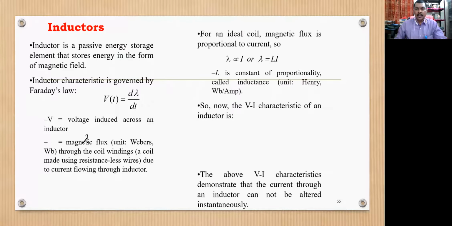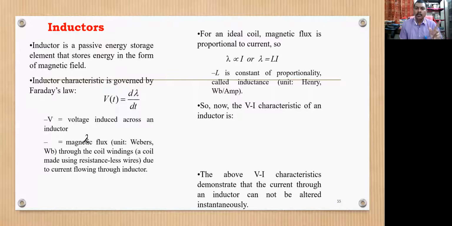So this is there. Then these are all the VI characteristics of a coil. Lambda is directly proportional to the current flowing through it. If you take the proportionality constant, then λ = L·I, where L is the constant of proportionality called inductance, and the unit is Henry or Weber per ampere.